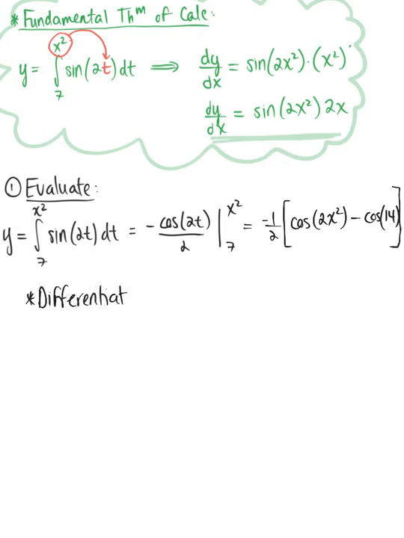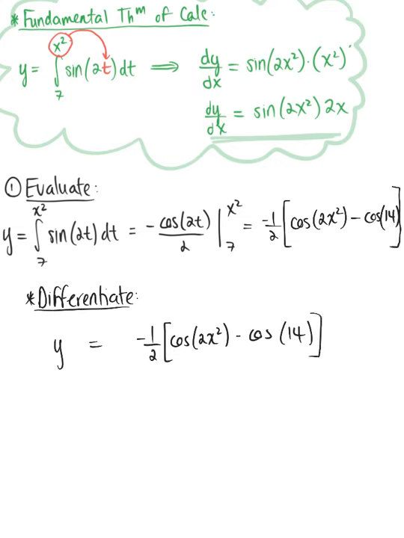We are going to differentiate both sides of this equation with respect to x. So we have y is equal to negative 1/2 multiplied by cosine of 2x squared minus cosine of 14. Taking the d dx of both sides, we have the derivative of y with respect to x, or dy dx, is equal to, we'll keep that negative 1/2 on the outside.